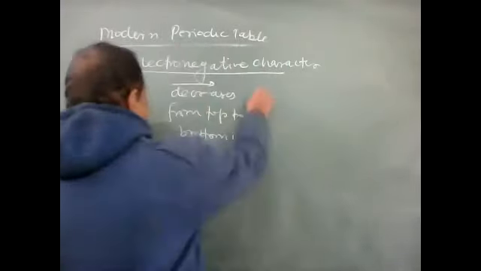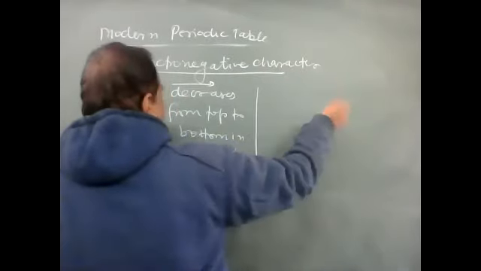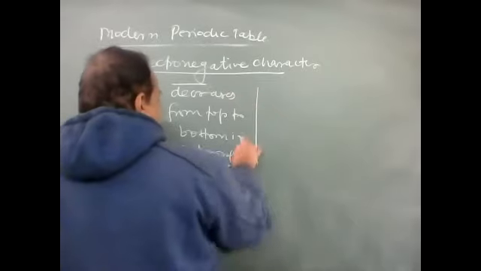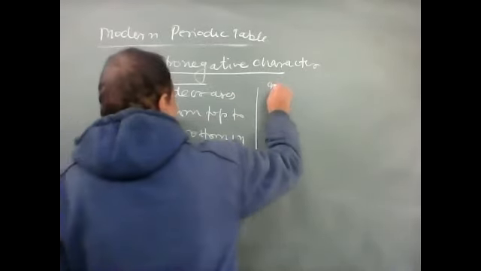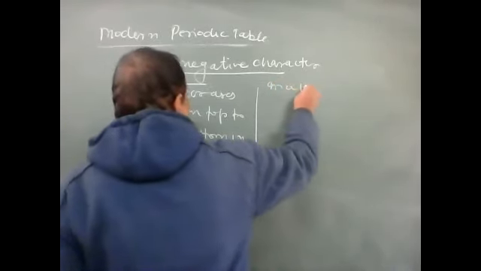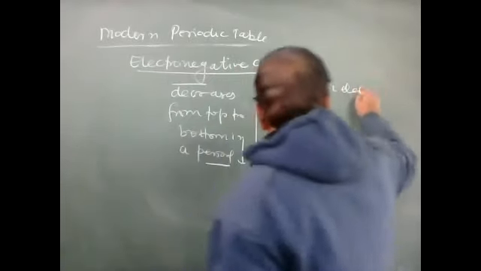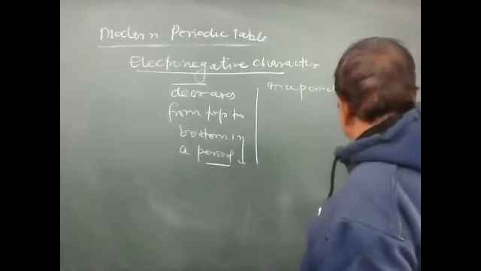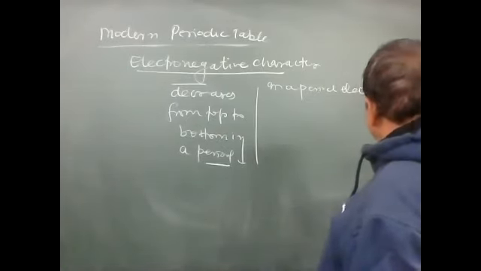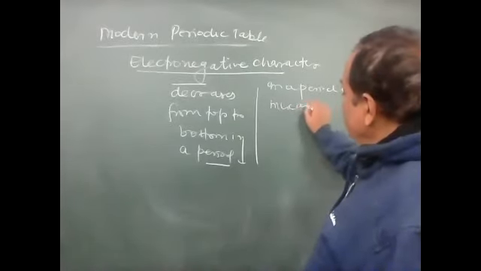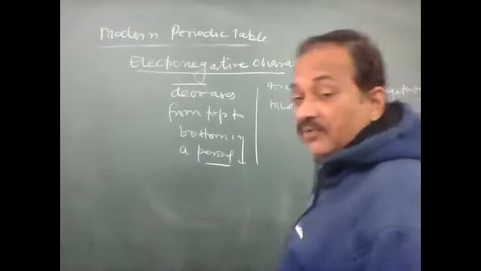Now, this was in the group, and in a period, electronegativity increases. It increases. Why?